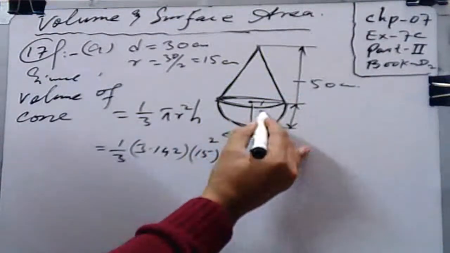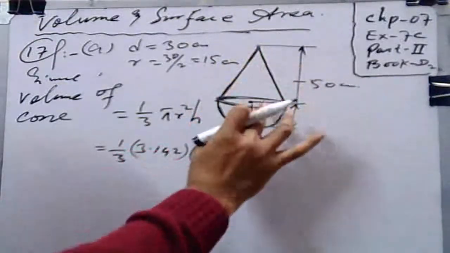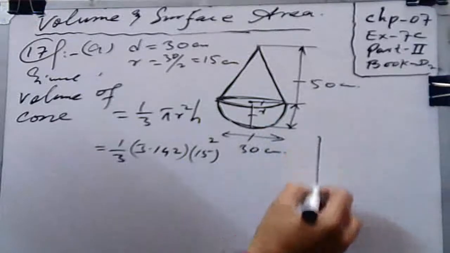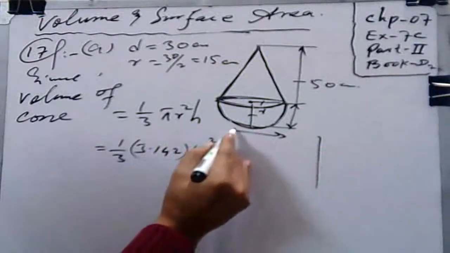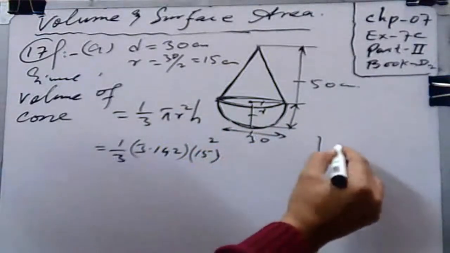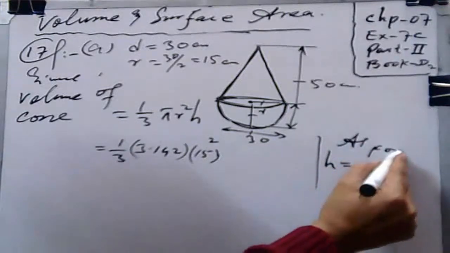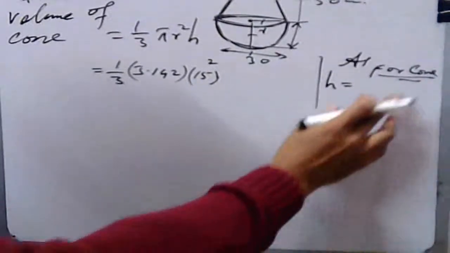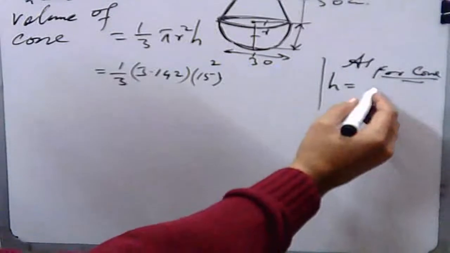So how can you find the height? As height h, we are going to calculate the value for cone. So you can see the height for cone is 50 minus the value of r, 15.